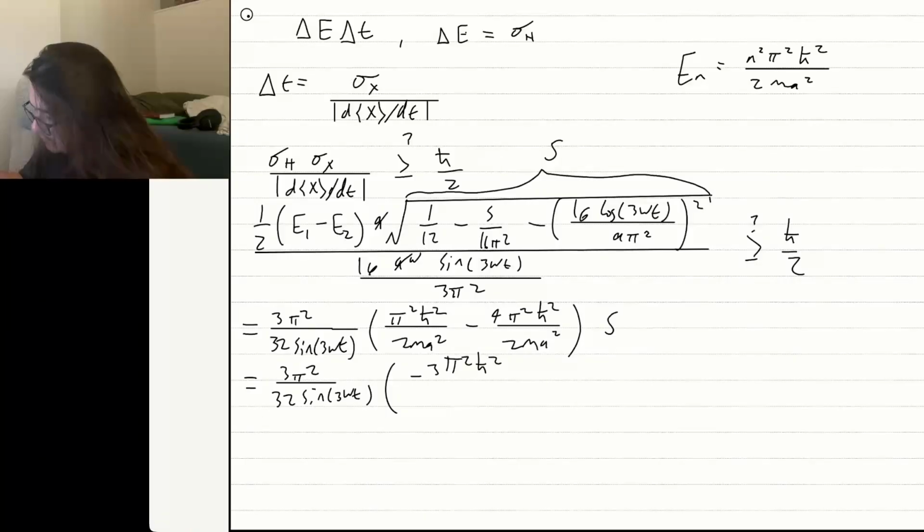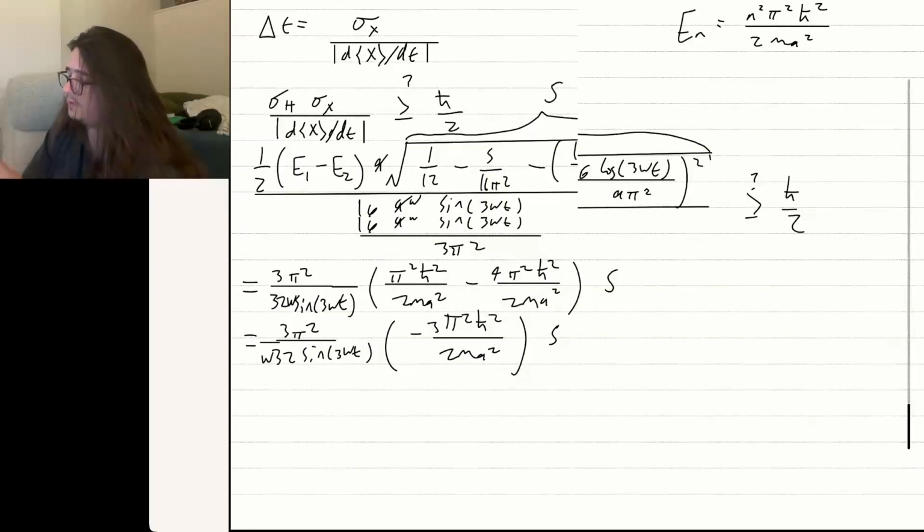Oh, and I forgot we haven't canceled out omega yet, so there's an omega on the bottom here and an omega on the bottom here, over 2ma squared times S.